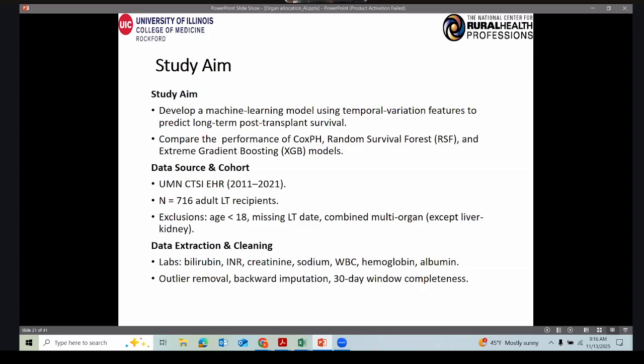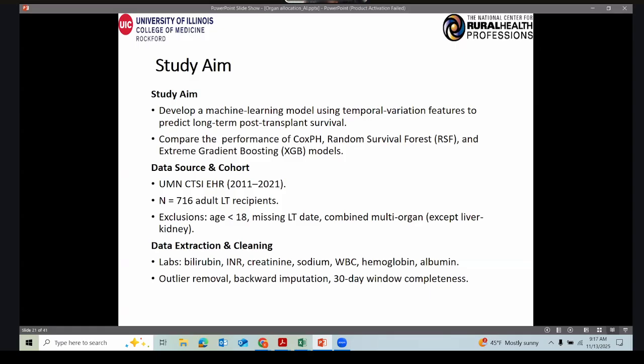We also applied backward imputation to fill the missing lab values by carrying the nearest available value backward for observations, ensuring temporal continuity. Finally, we maintained 30-day completeness windows, meaning that for every 30-day period, we had a consistent record of lab values for analysis.